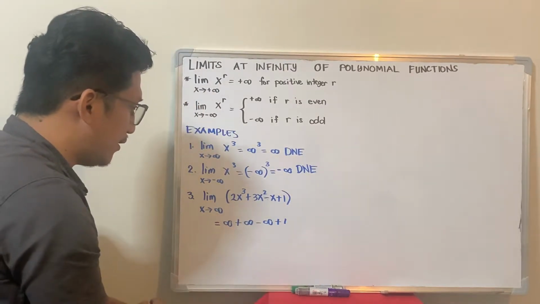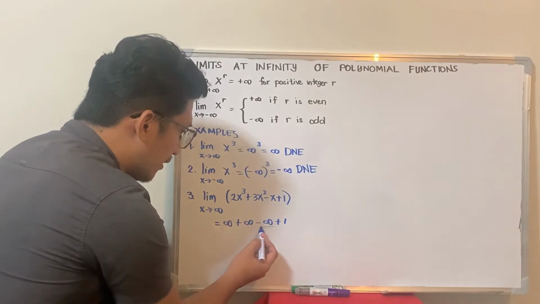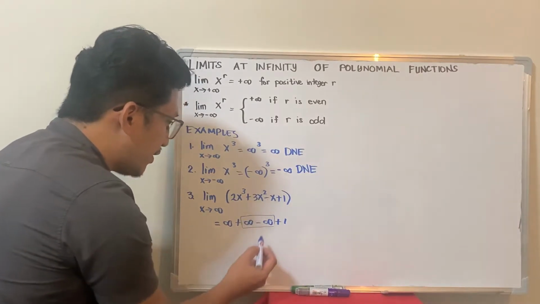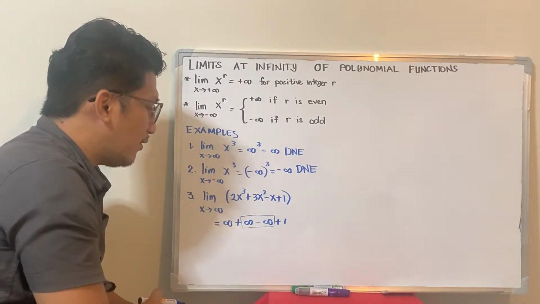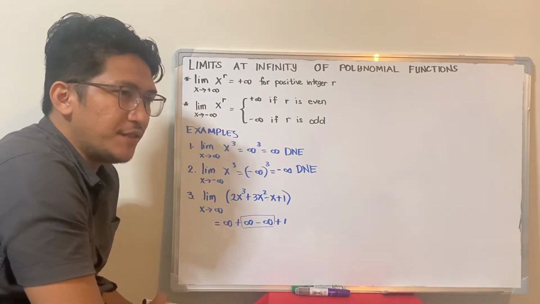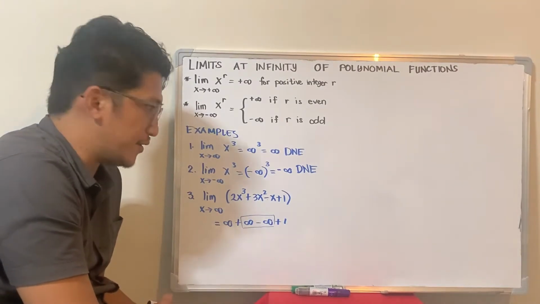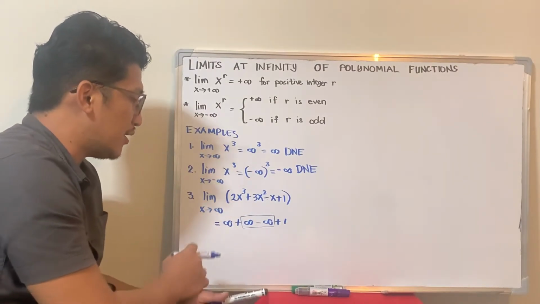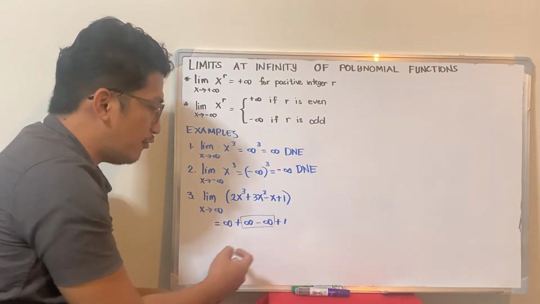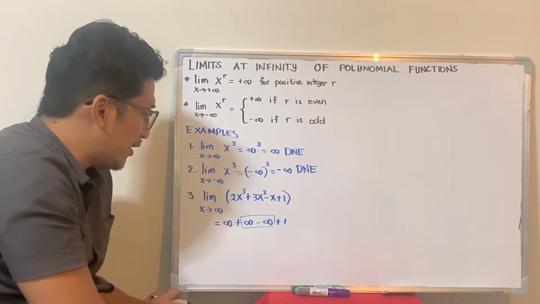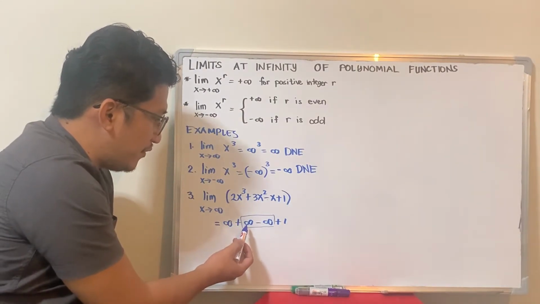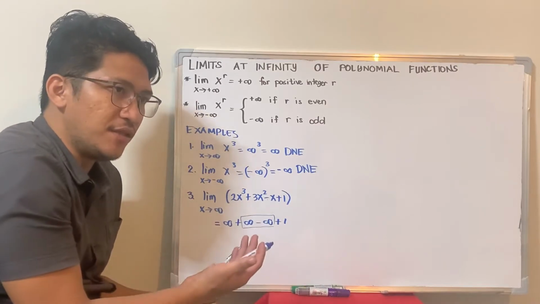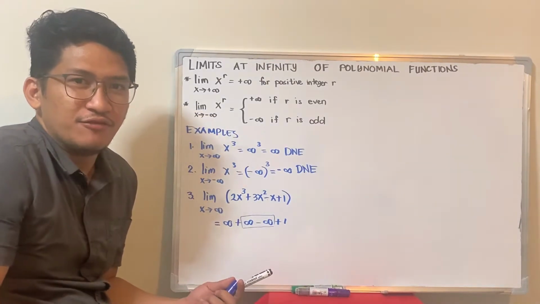Well, actually, the problem is here. Because this one is indeterminate. Okay? Infinity minus infinity is one of the indeterminate forms. So that's why we cannot go directly. If we solve it directly, we will not know what the answer is. Remember, infinity plus infinity is infinity, but infinity minus infinity, we exactly don't know. We do not know yet.